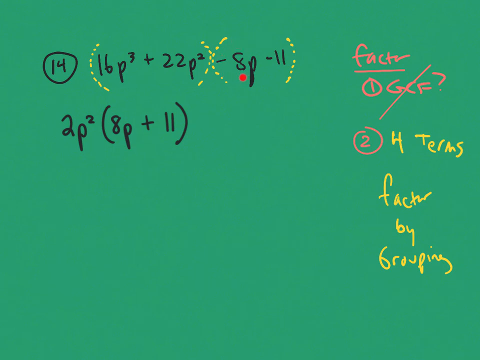On the second pair, the 8, we can't take p out of both. 8 and 11 have nothing in common, but they're both negative. Even if they weren't, we can still take out a negative if this first term is negative. So we'll go ahead and take out a negative 1. And all that does is that changes the signs of both the things. So instead of negative 8p, it's positive 8p.